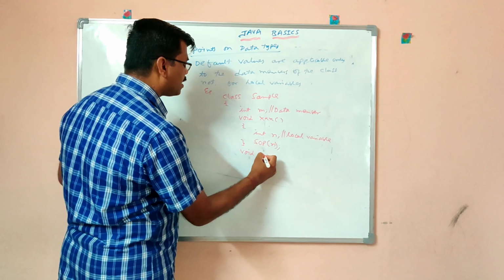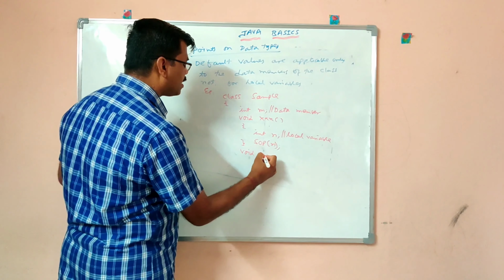We are having one more point. When you take a reference data type, like reference types such as arrays or classes, when you want to allocate memory for reference type, it is done during runtime. So what is the next point here?